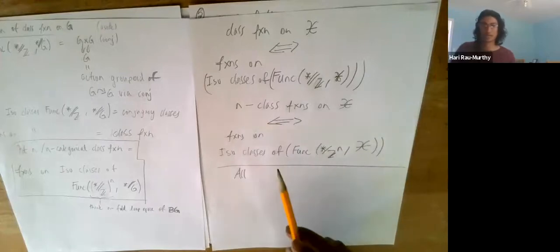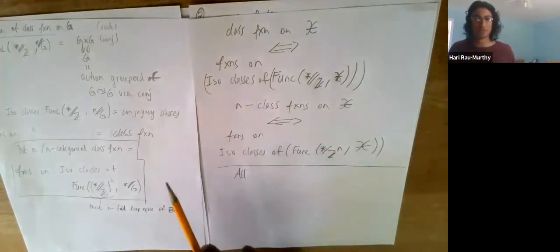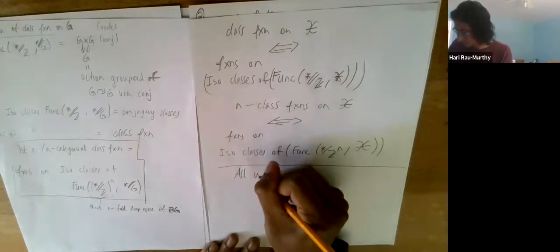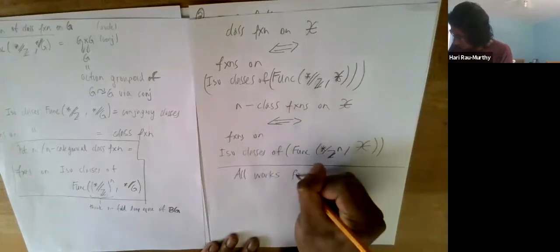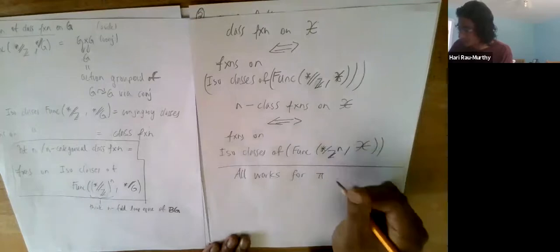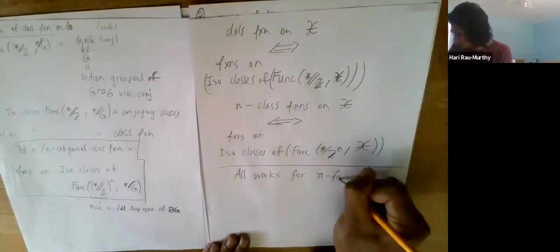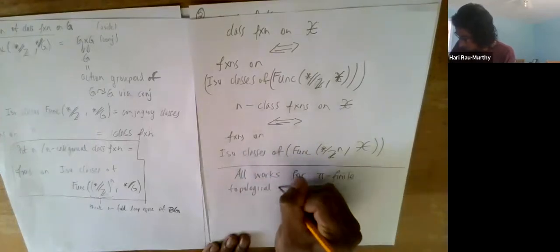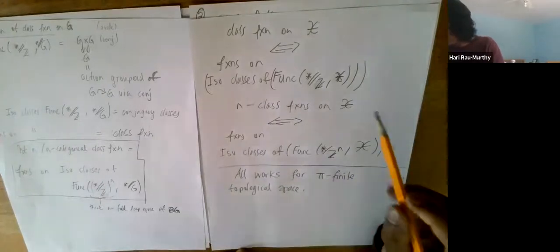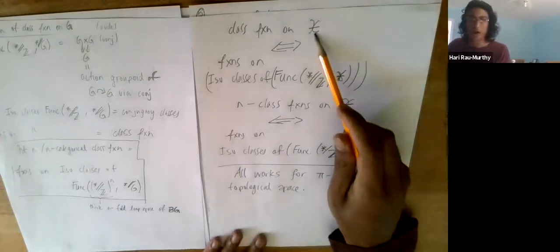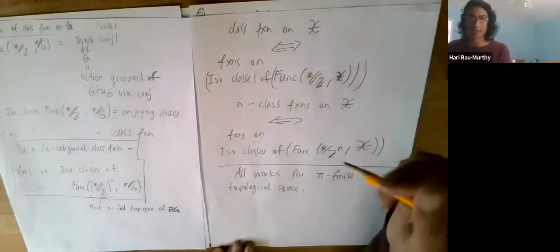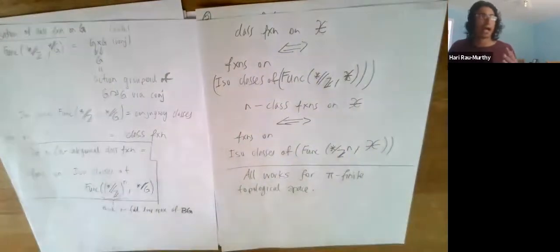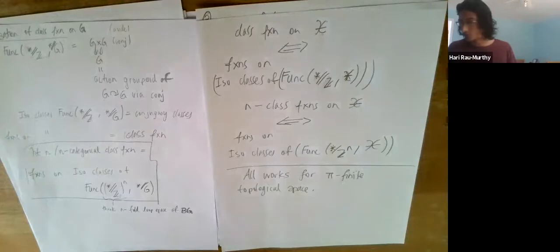This also can be used to say what a class function is for what is known as a pi finite space. So here, my orbifold, I wanted it to have finite stabilizers. So I wanted to be able to form point mod G, where G is a finite group, or I want the stabilizer at every point in the orbifold to be a finite group.